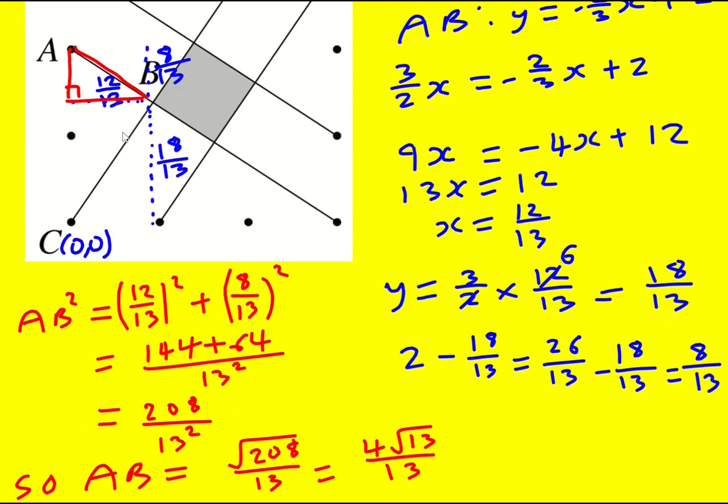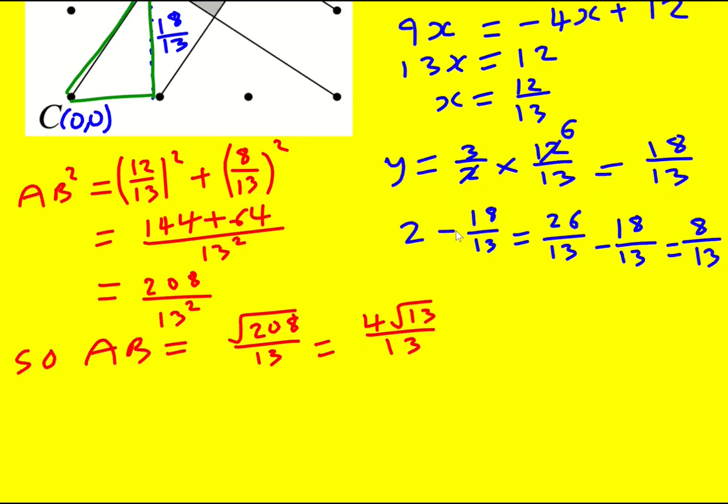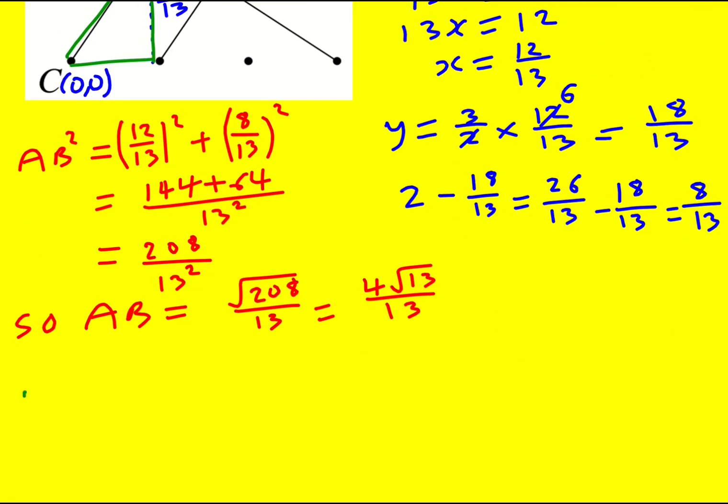That's AB. And we can work out BC along similar lines, because I've got 12 over 13 and 18 over 13. Just going to write it all as a single fraction straight away. I've just done 12 over 13 squared plus 18 over 13 squared.